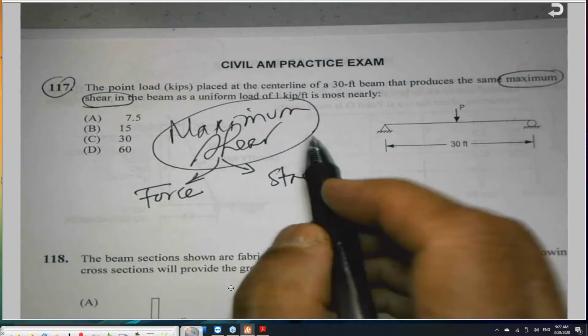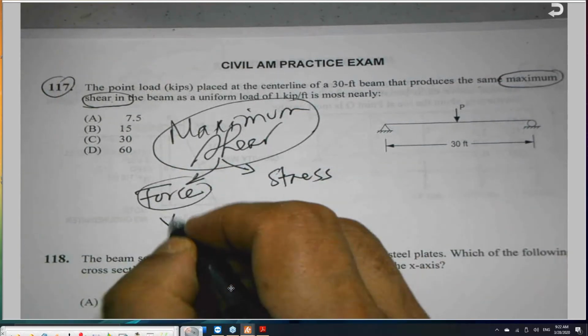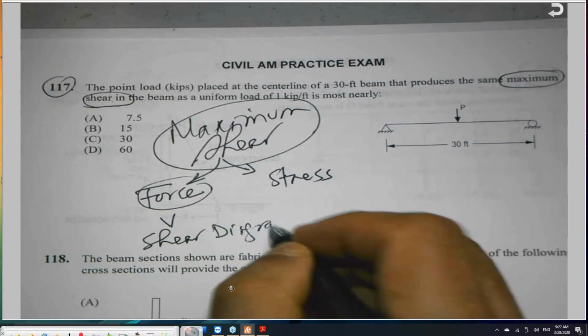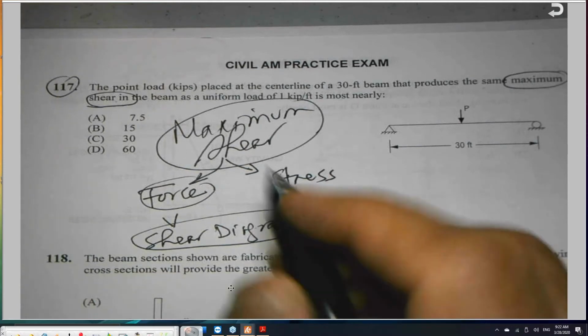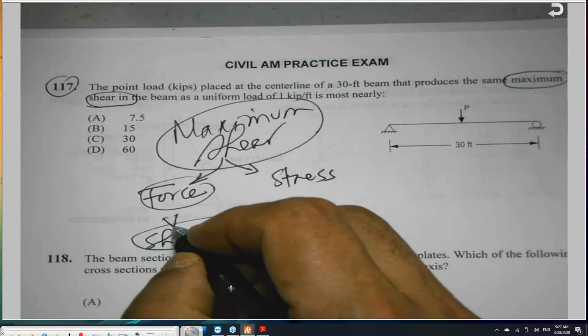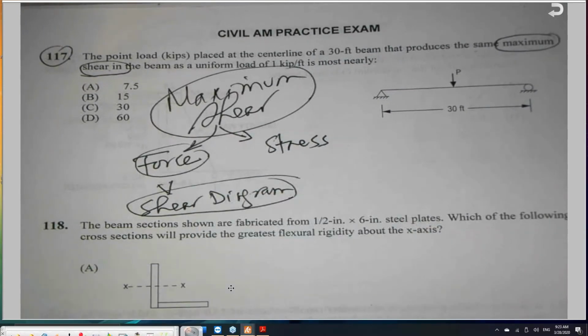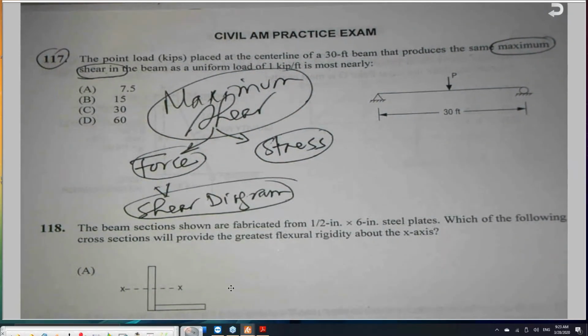So the maximum shear force, he's talking about the V, which is the shear diagram, another diagram related to the load diagram: load diagram, shear diagram, moment diagram. We use letter V for it, like in seismic, where we use V for the base shear. Here we're using it for shear force. And we need to be aware of the difference between shear force and shear stress.